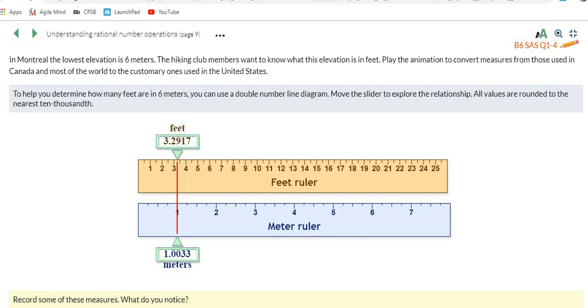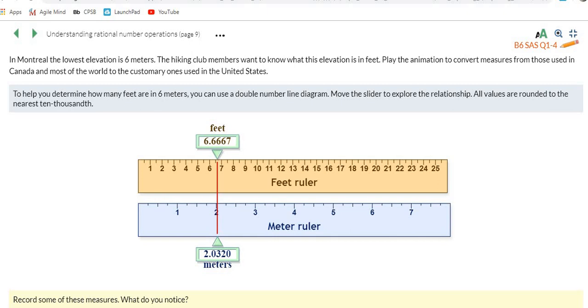Okay, we need to look at a few more. So I'm just going to concentrate on each meter. I'm going to scroll this to 2 and see how many feet are in 2 meters. 6.5834. All right, 6.5834. So what looks like it's happening each time with the feet?